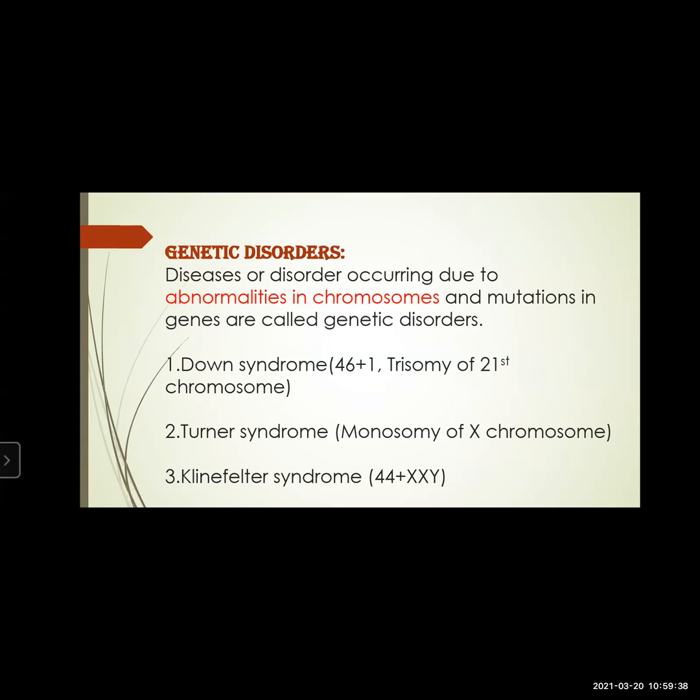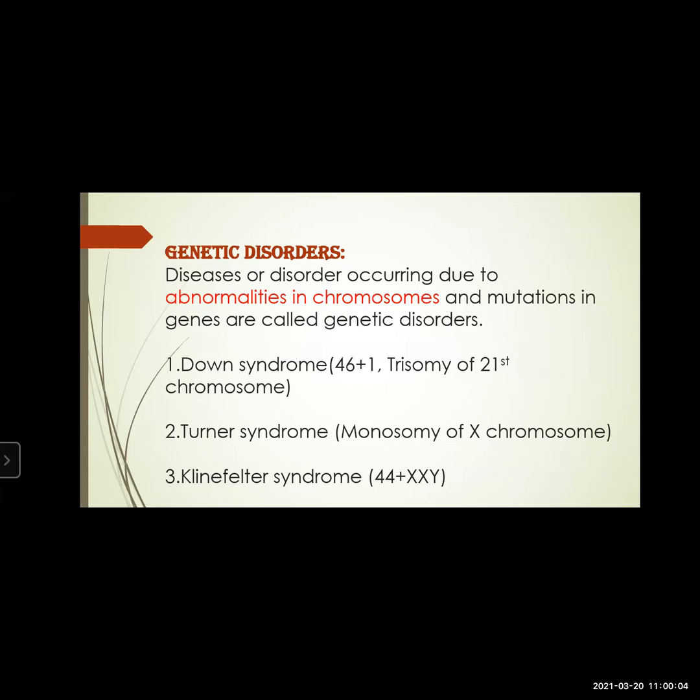We say that there are 23 pairs of chromosomes, but on the 21st pair of chromosomes in each cell, there is an extra chromosome present. That is the 46 plus 1 condition, or it is also called trisomy of the 21st chromosome. That means instead of two, three chromosomes are present in the 21st pair, right? And that is why this causes Down syndrome.